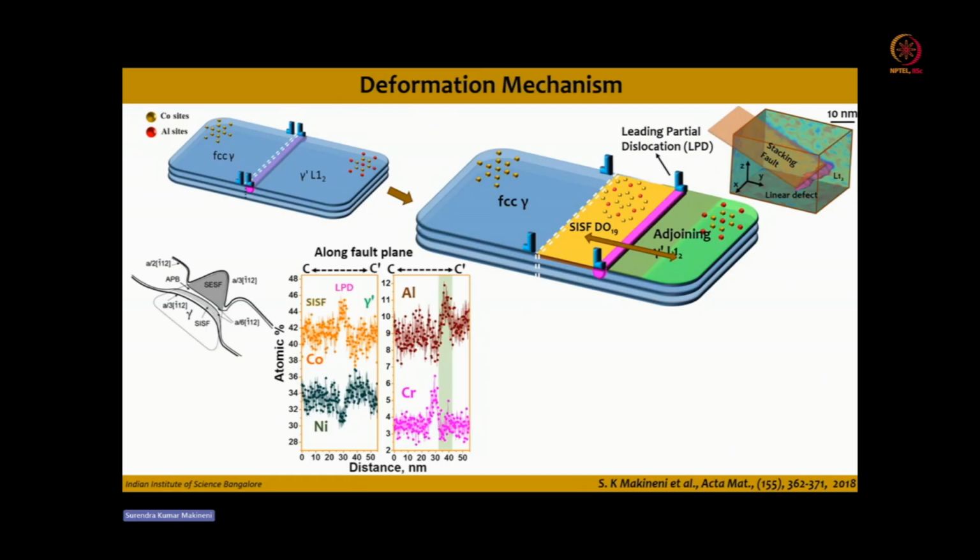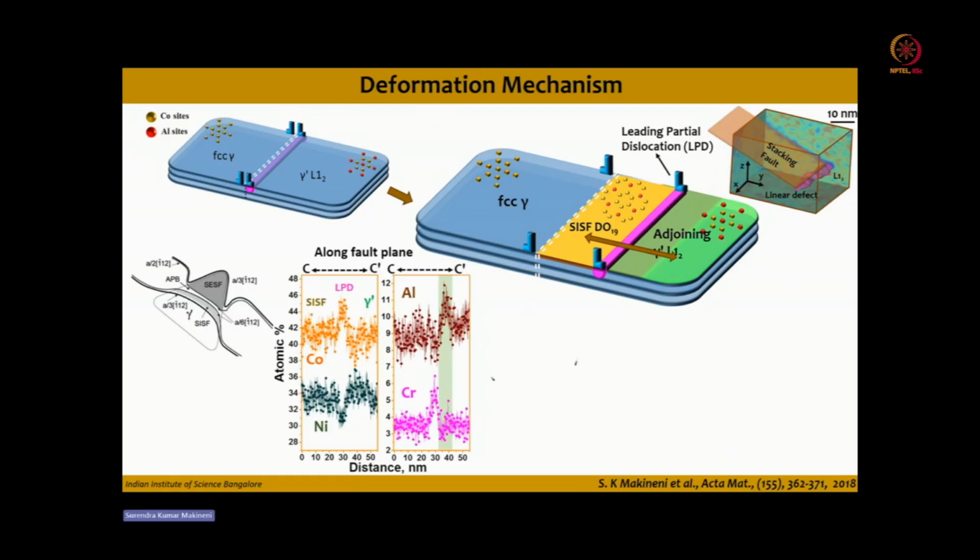It shows that the diffusion of solutes also plays a very important role. What is happening is that, as per the resultant applied stress on the 111 plane, the diffusion of solutes is happening in plane.